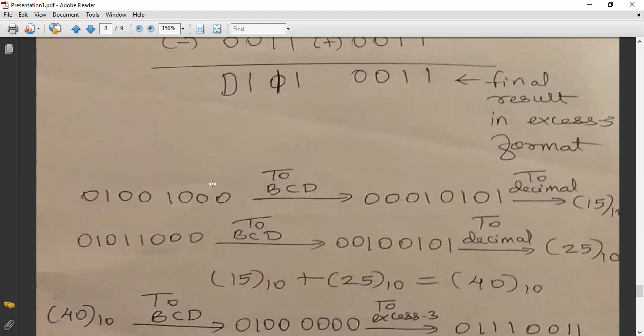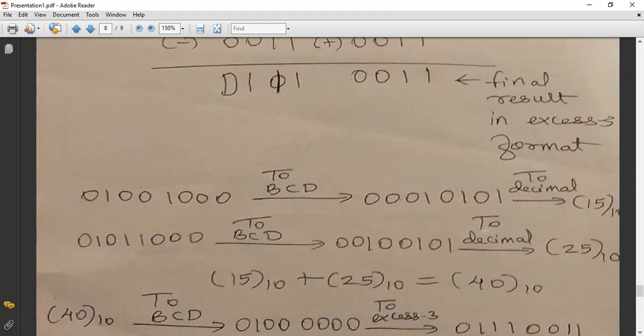Let us first discuss how we have converted this number into BCD form. This number was in excess 3 form, so we subtracted 3 from both the digits, and we got the BCD conversion of it. Now this BCD is again converted into decimal form, and we got 15 to the base 10 as the answer. Now the next number, 010111100. Subtract 3 from the each digit, and we will get its BCD conversion, which is 001001001.